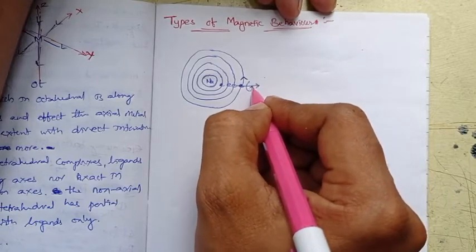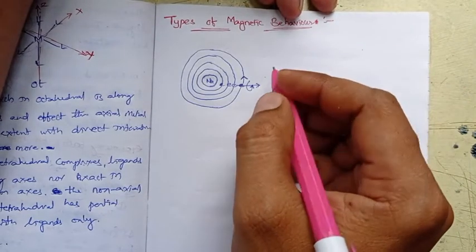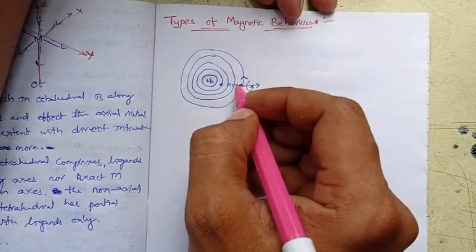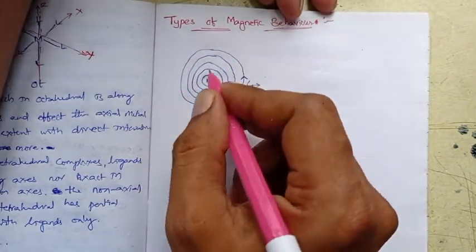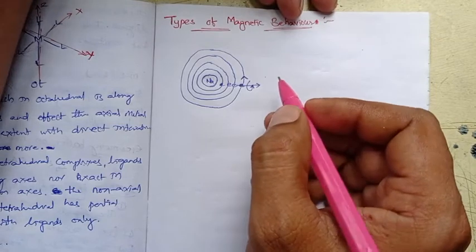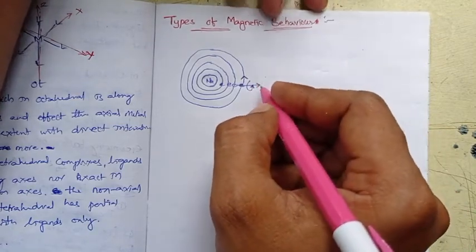The electron itself rotates and is thus considered to be spinning. The electron has revolution around the nucleus, and it has spin motion along its own axis, right?